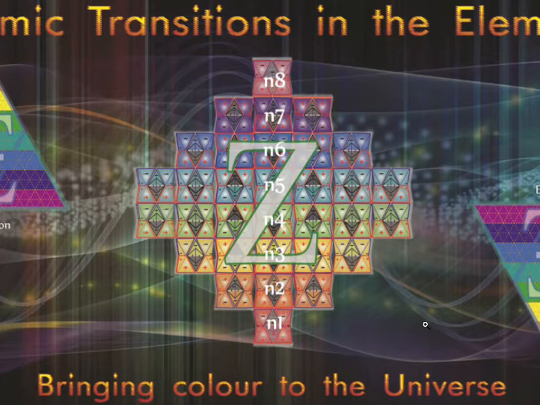Obviously, it's this transition between quantum levels, whether it's within atomic nuclei or within compounds or within elements themselves in the case of hydrogen, that gives us all the familiar spectral lines and in fact all the colours in our universe.